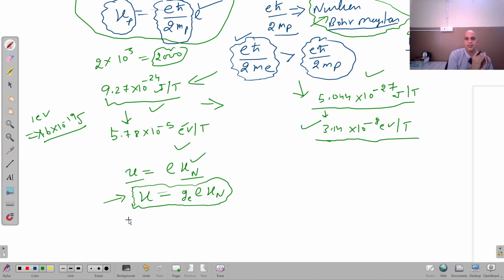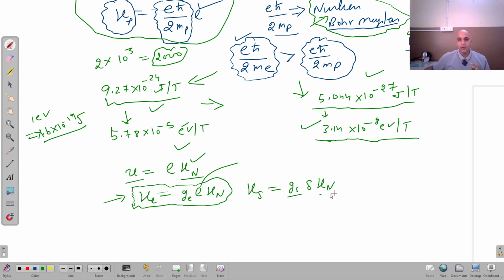Now I am also writing the spin magnetic dipole moment. Let the orbital one be mu L, then mu S becomes g S into spin quantum number S into the nuclear Bohr magneton. g S is the spin g factor, the spin correction factor, S is the spin quantum number analogous to the orbital quantum number, and mu n is the nuclear Bohr magneton.